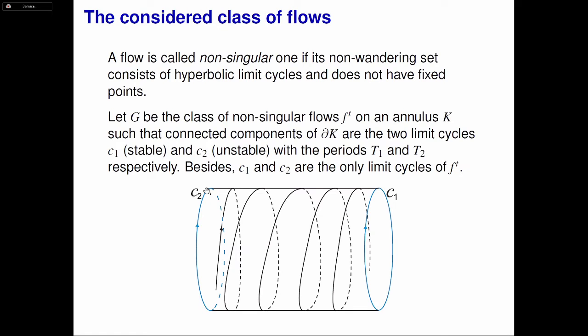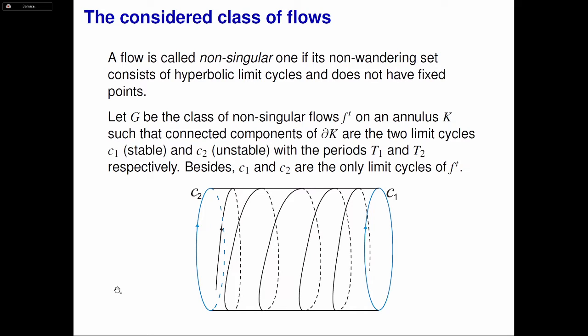Now let me describe the class of flows considered in this talk. An example of such a class is described in the picture. The class of flows considered here is the class of non-singular flows with only two limit cycles on different boundary components of an annulus.